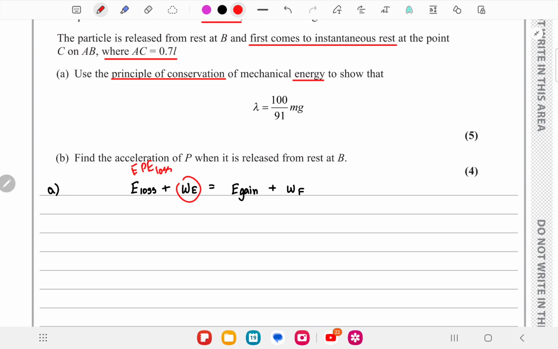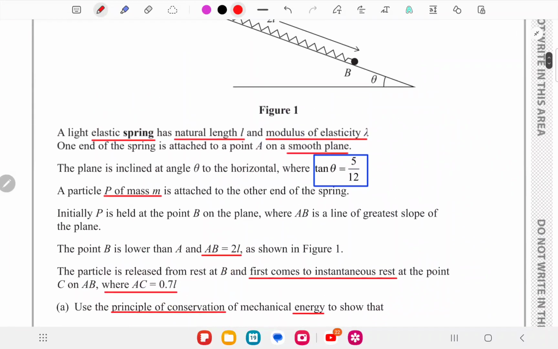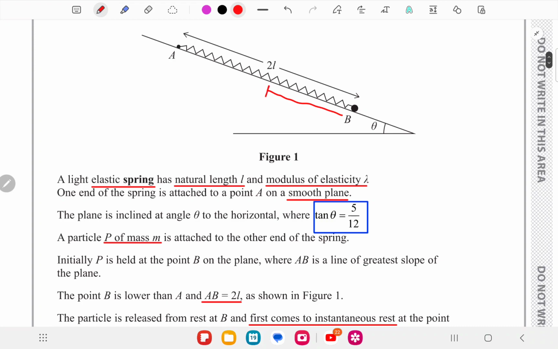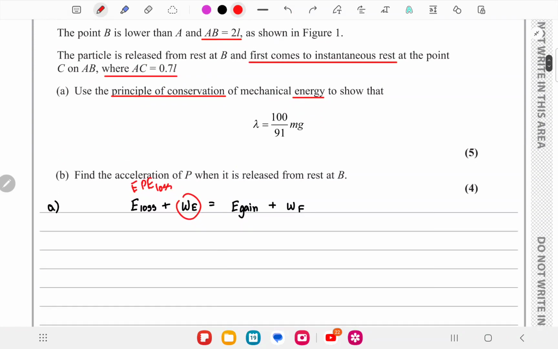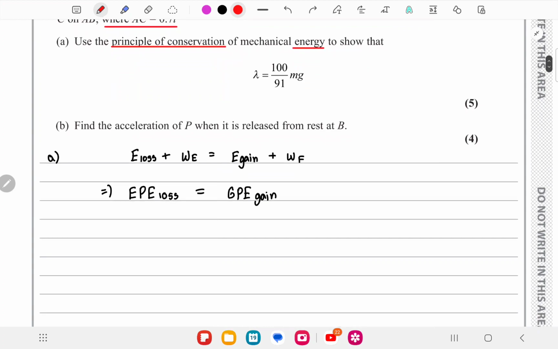There are no external forces or external work done. When the particle moves up the ramp, it will gain GPE, so there's an energy gain, and since the ramp is smooth, we don't have any work done against frictional forces. So EPE loss equals GPE gain.